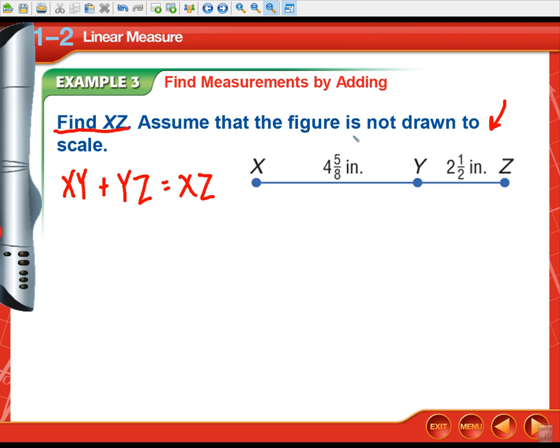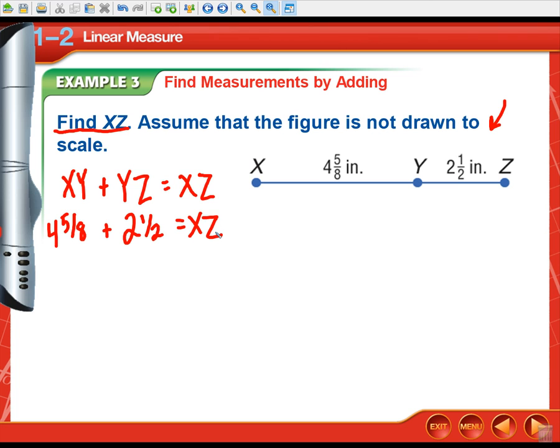What we need to do now is plug in these numbers. We just need to plug in this for XY and 2.5 for YZ and see what it gives us. So XY is 4 and 5/8. YZ is 2 and 1/2.